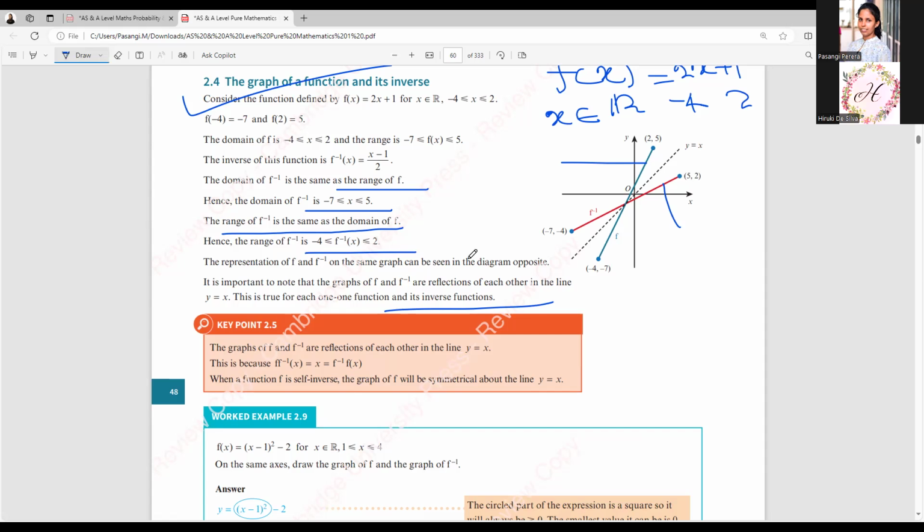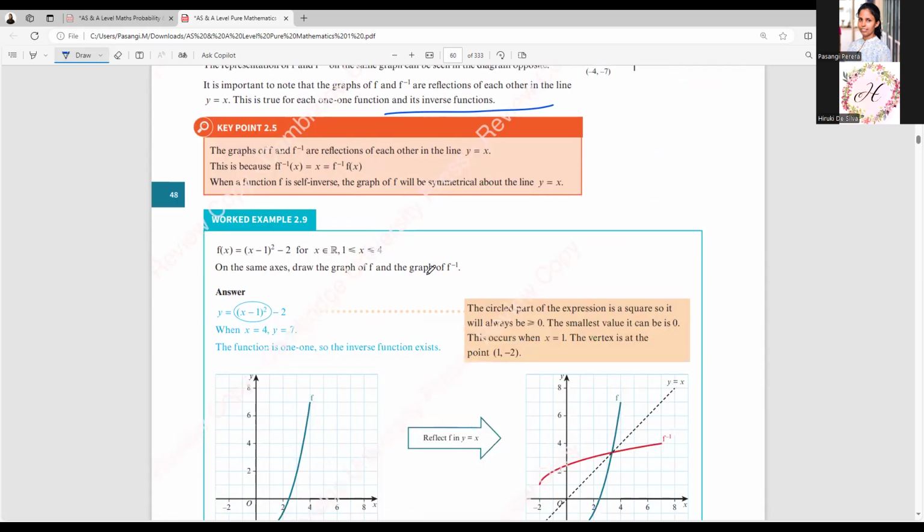Yes. Okay, let's go through the worked example 2.9.